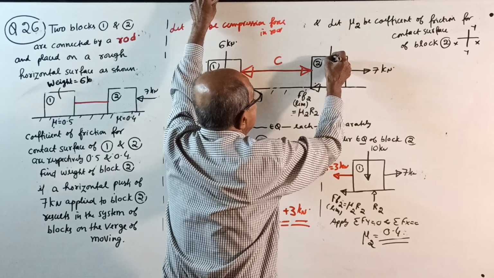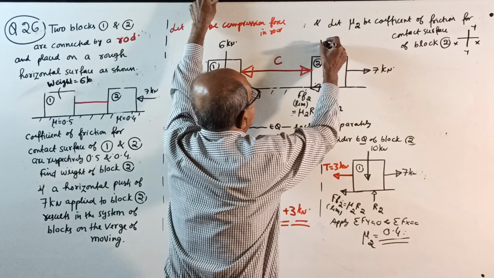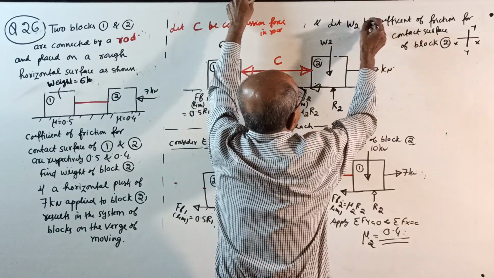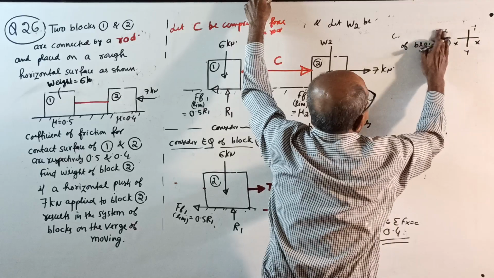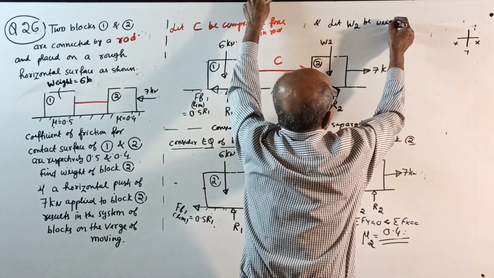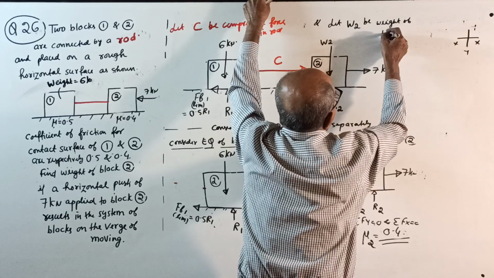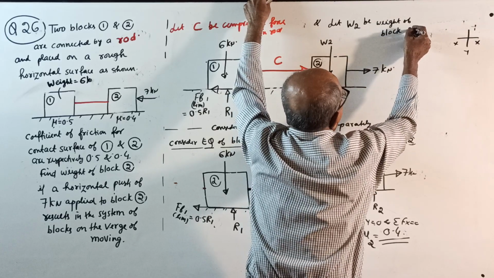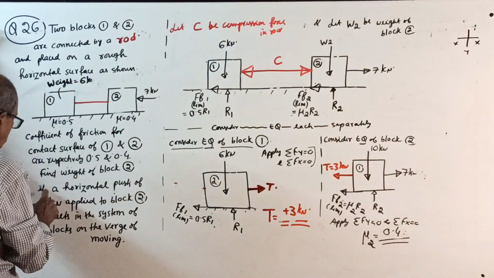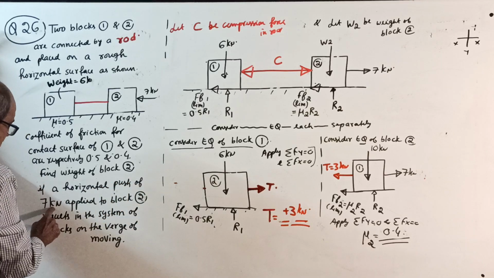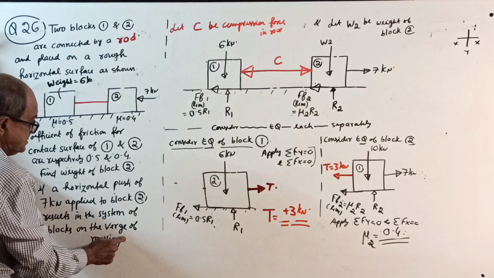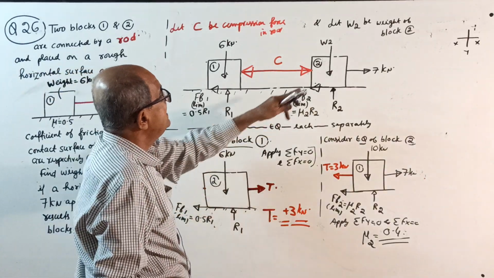This weight you call W2. So the question is, let W2 be the weight of block 2. Find the weight of block 2 if a horizontal push of 7 kN applied to block 2 results in the system of blocks on the verge of moving. Okay. So let it be W2.